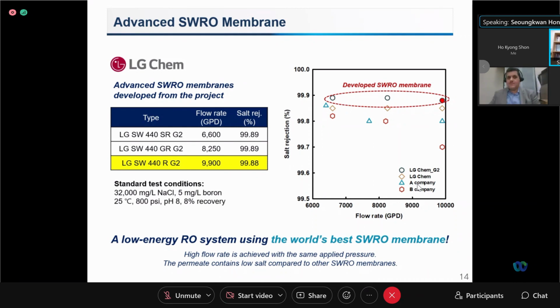So we can say that this is the world's best SWRO membrane in the current market, and actually this one is now on the market and being produced in mass quantity.